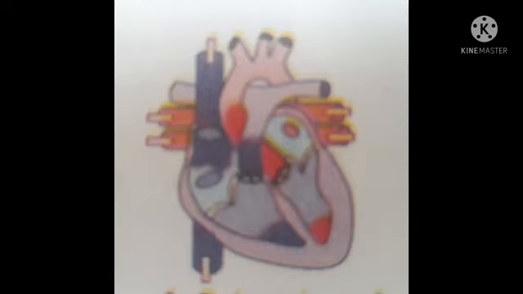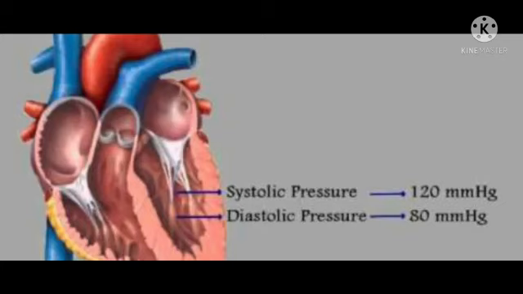The strongest pressure during the time blood is forced out of the ventricles is called systolic pressure. After that, ventricles start to relax and get ready to refill with blood from auricles. This is called diastolic pressure.